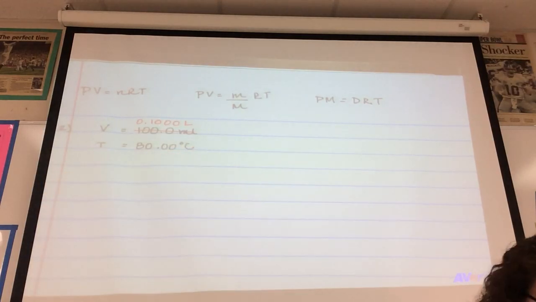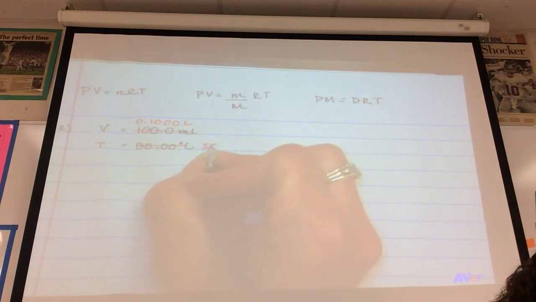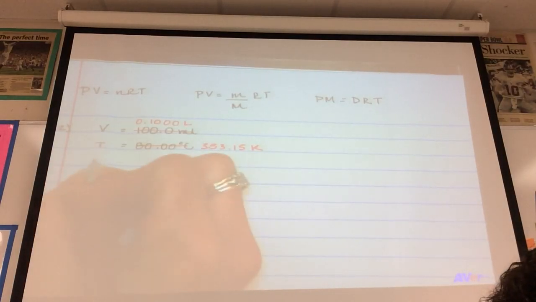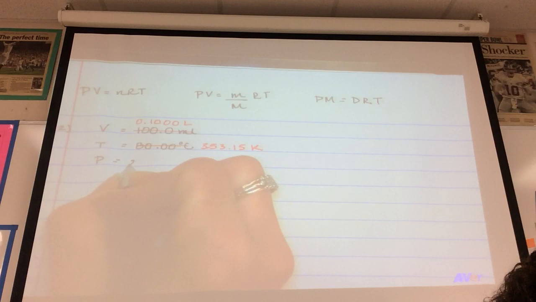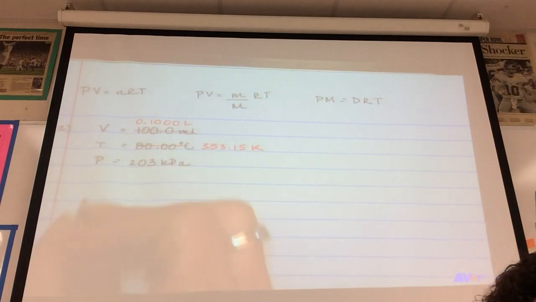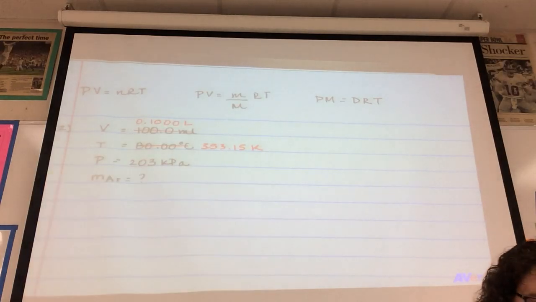Temperature, but we don't want degrees Celsius. And we have a pressure of 203 kPa. We want to know the mass of argon, little m for mass.